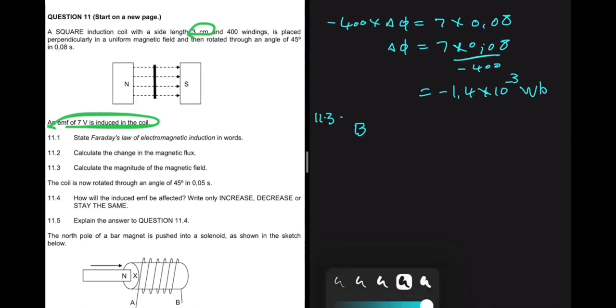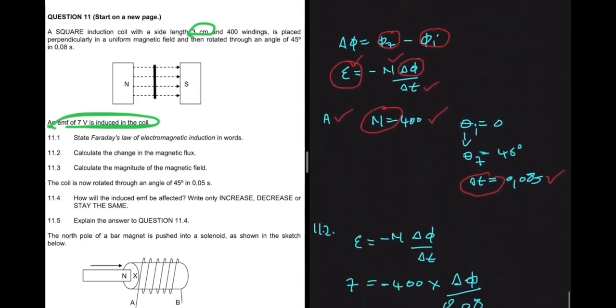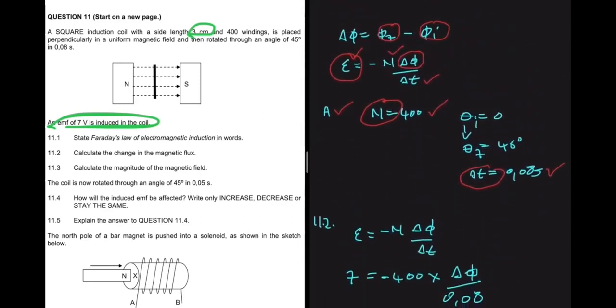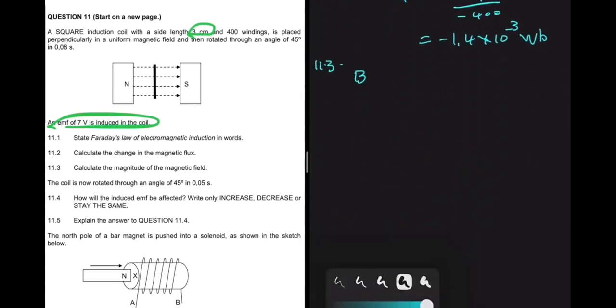Let me show you how. The first formula you can use is this one right here, and the second formula you can use is the one that involves EMF, which we just used. So we're going to use the first formula to find the magnitude of the magnetic field. Let me show you what we're talking about.